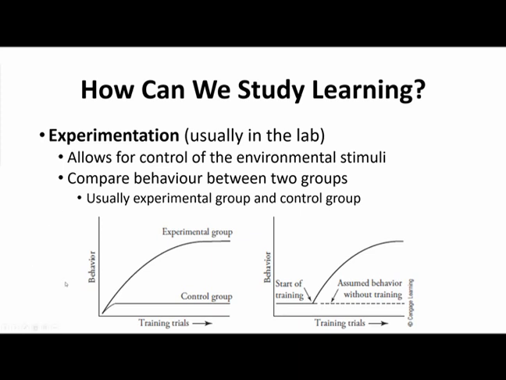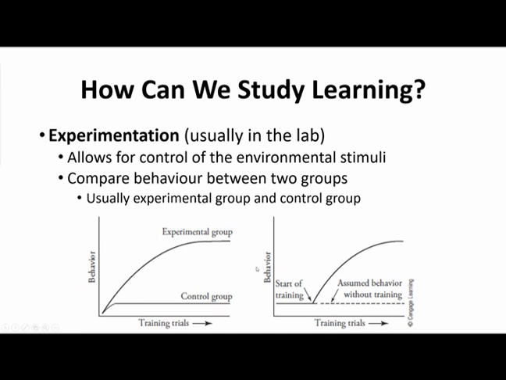Then we can control which one is exposed to what in that laboratory environment, and we can measure the output behavior. Ideally, our control group would show some kind of flat line or unchanging behavior, and our experimental group would show some kind of difference in behavior, either more or less of the behavior that we're looking at. So we want to compare between those two groups.